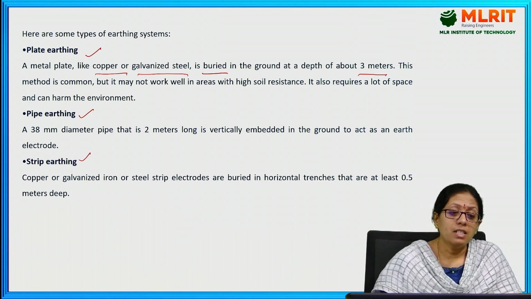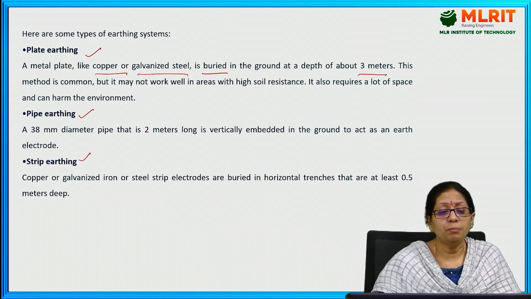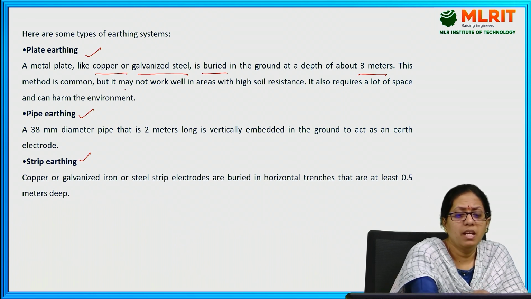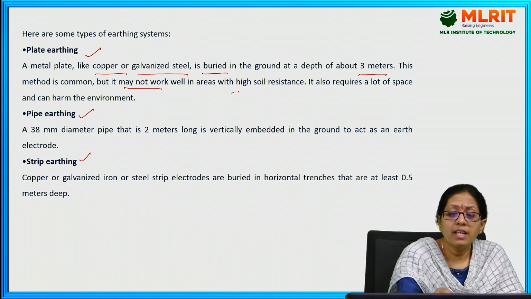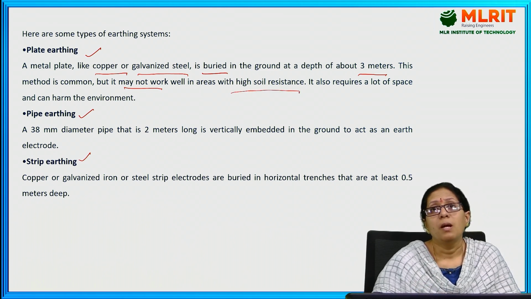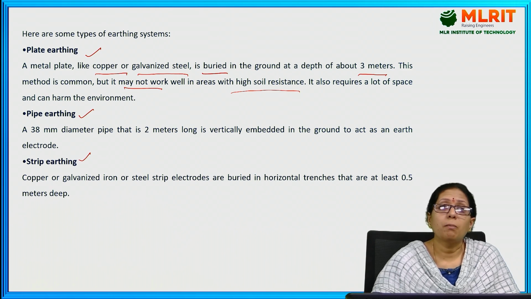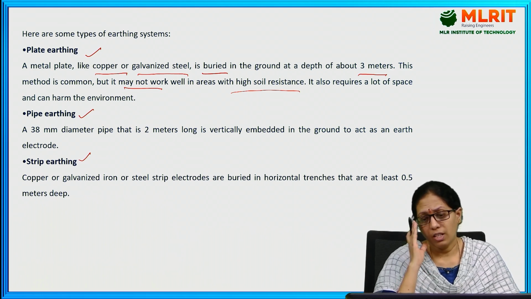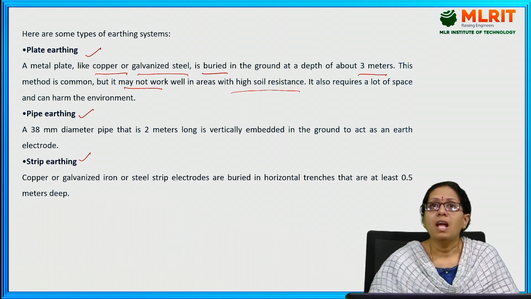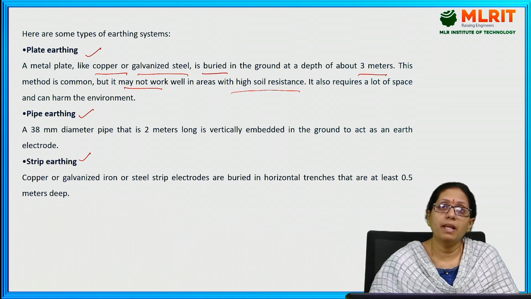This method is common, but it may not work well in areas with high soil resistance. This also depends upon the resistance of the soil. So first, we need to measure the resistance of the soil, and based on that, we need to place the plate earthing.